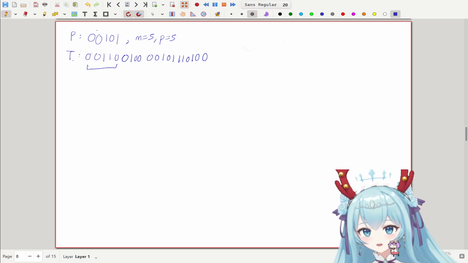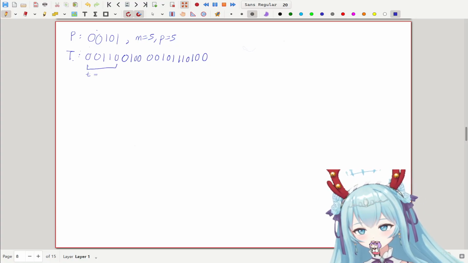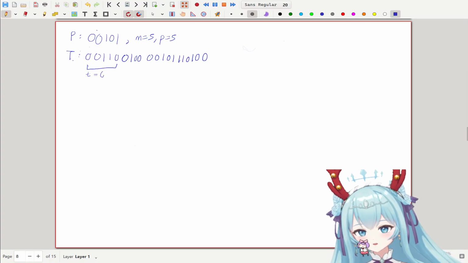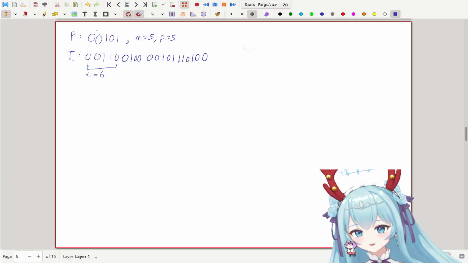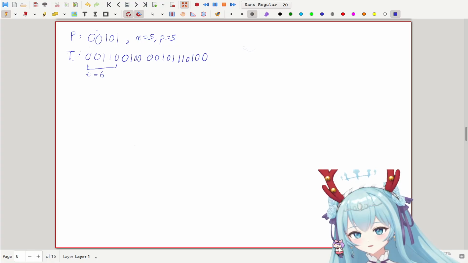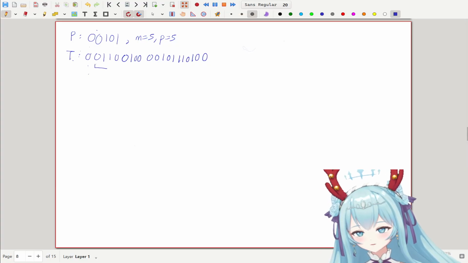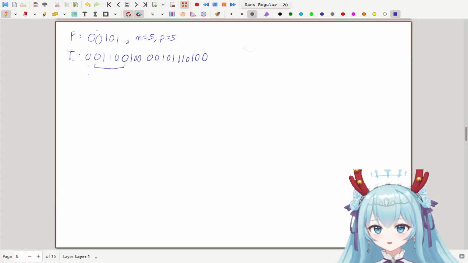So in this case, t is equal to 2 plus 4, so it's 6. And 6 is not equal to 5, so it's a mismatch. So we move on to the next window over here.